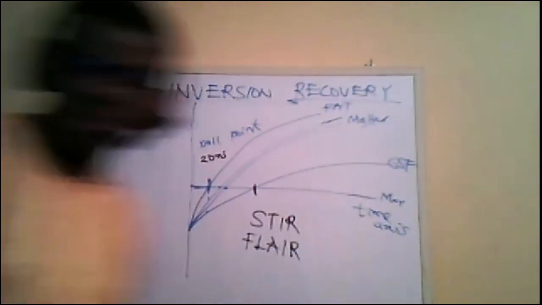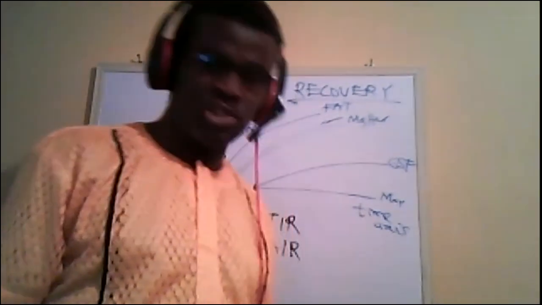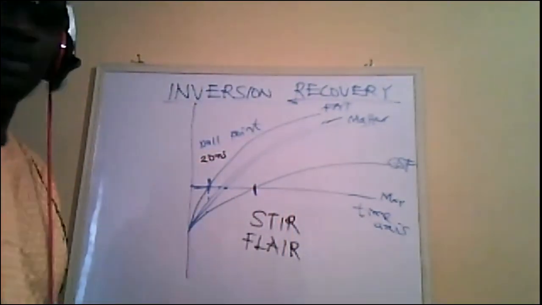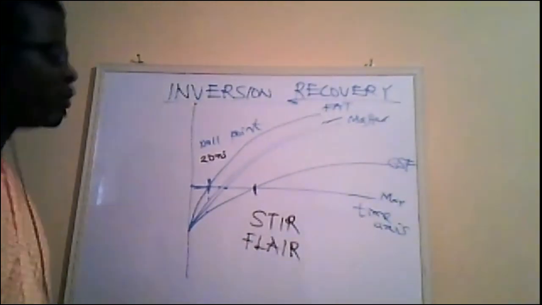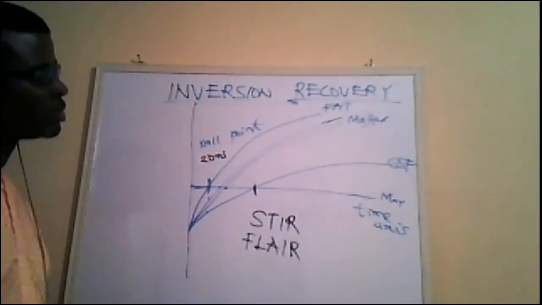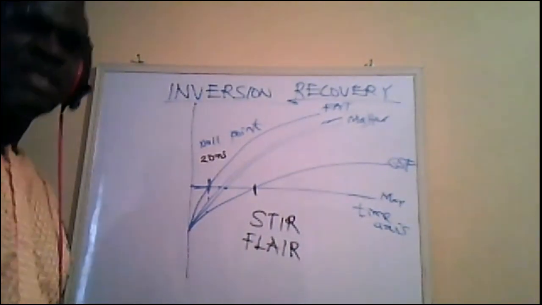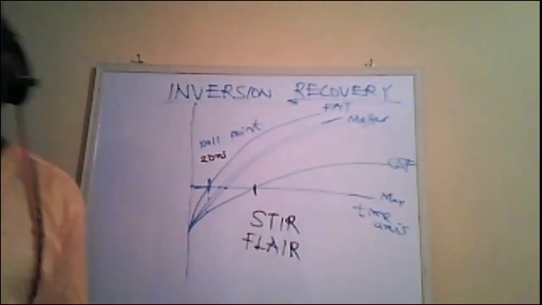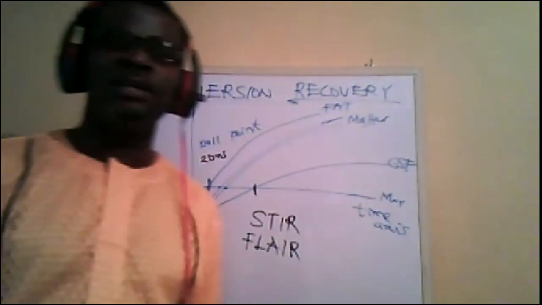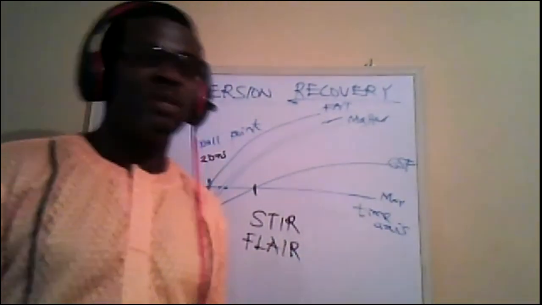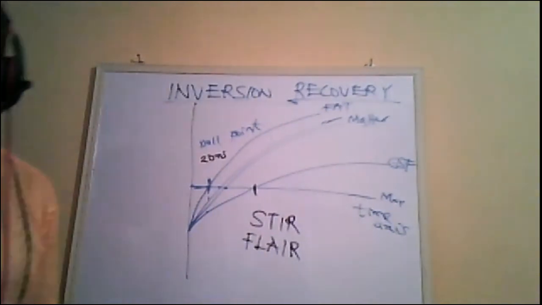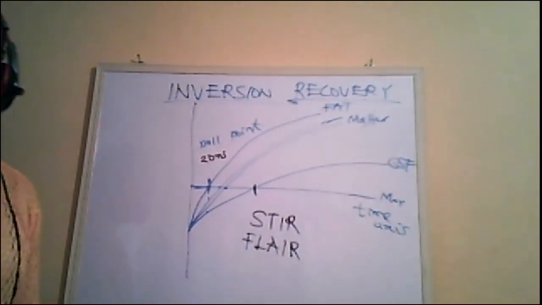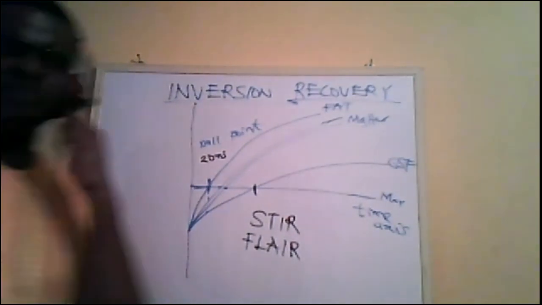I'm going to have some screenshots as a kind of summary of the pulse sequences we've been talking about. Why? Because this is the major area where MRI is so versatile. MRI is not like CT, which competes with it in terms of tissue contrast.